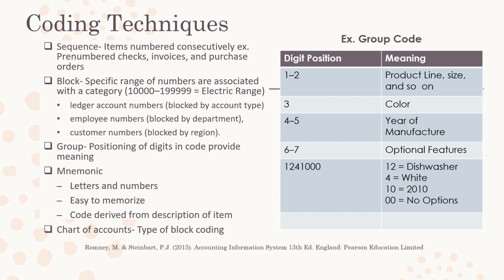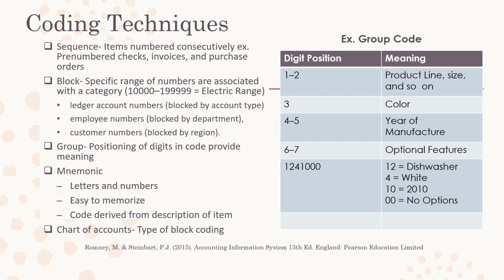And then we have also group coding. Here, two or more subgroups of digits are used to code items, so they are often used in conjunction with block codes. Our example at the right side of the group code is the digit position and its particular meaning.